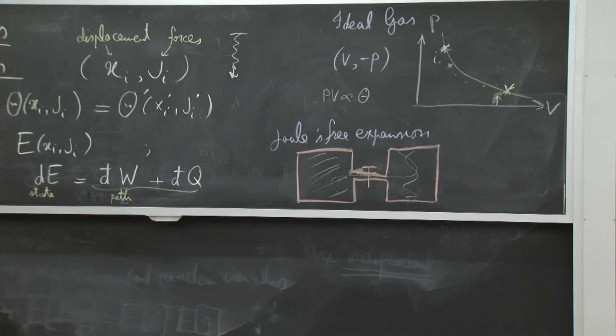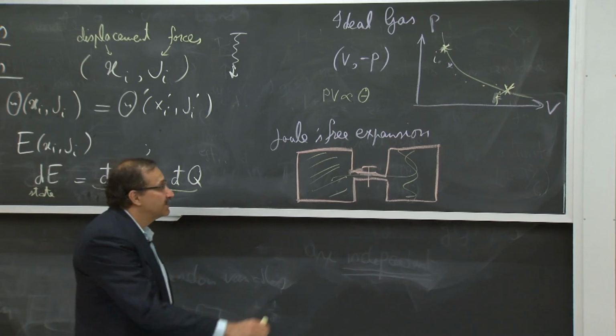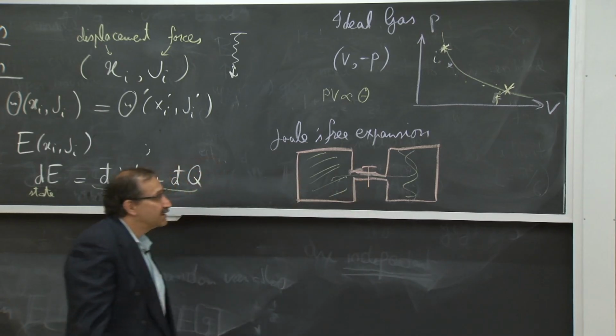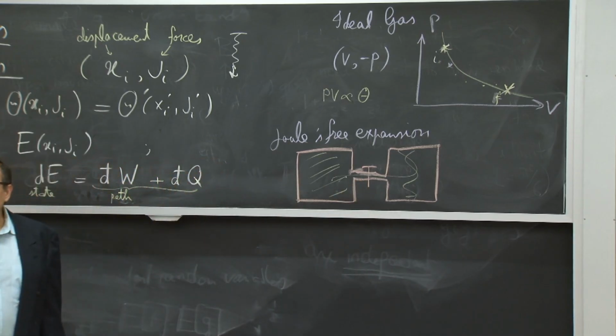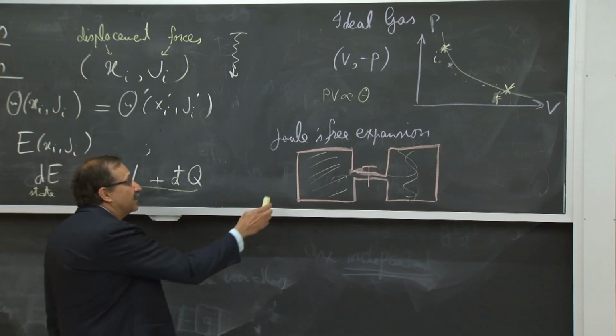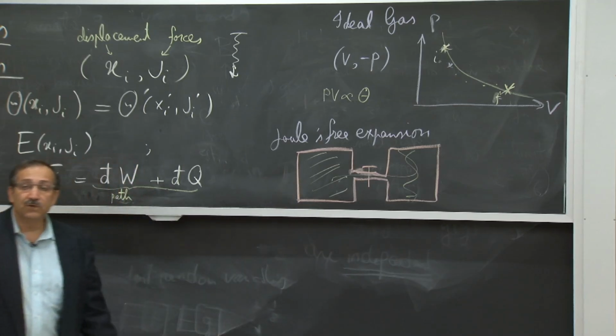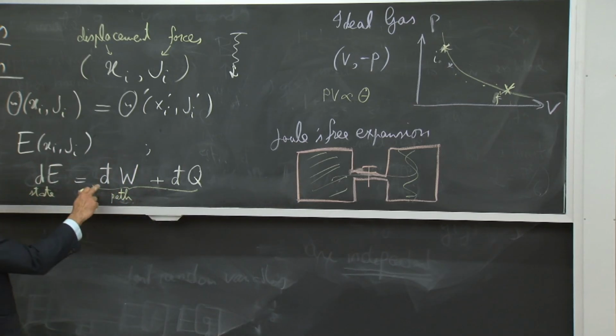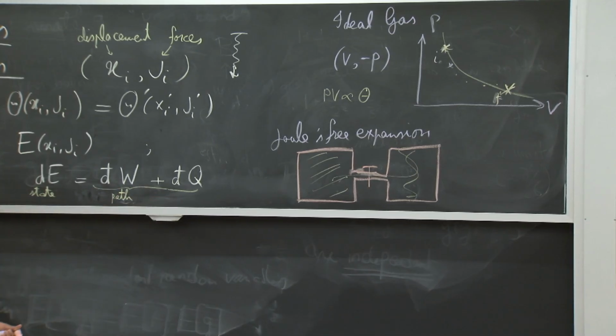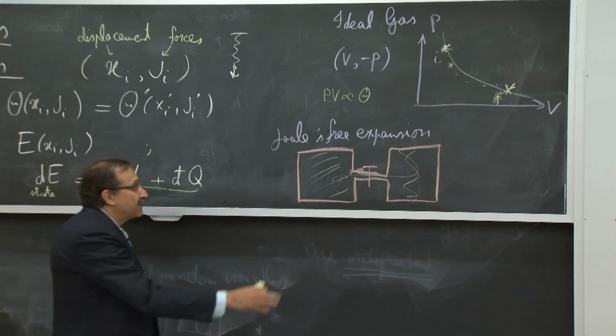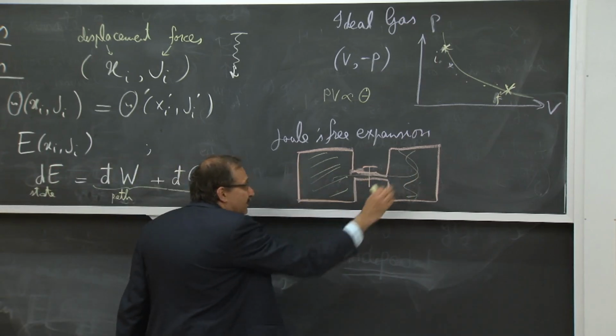It is at non-equilibrium by construction. But this is a process that, by definition, I follow the path along which there was no input either in the form of work or heat into the system. It was isolated. So all I know for sure is that however much energy I had initially is what I have finally.